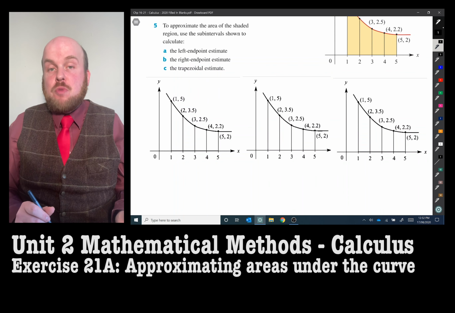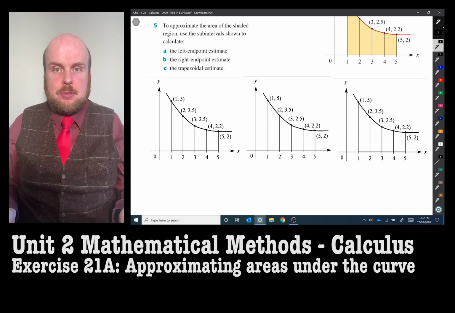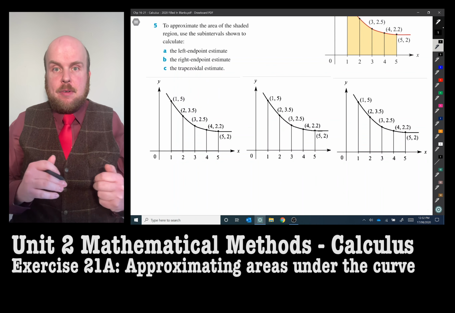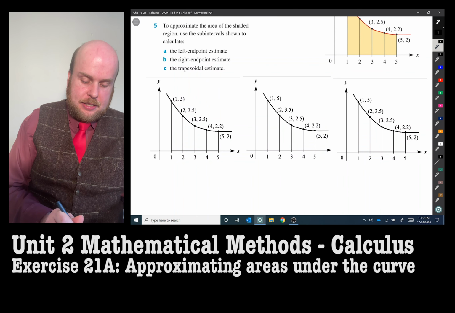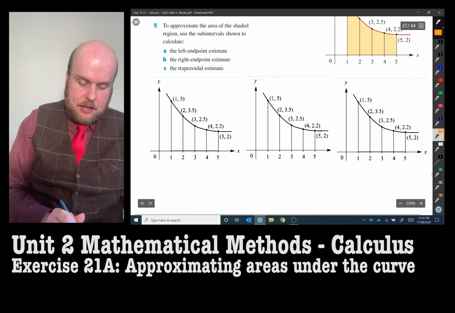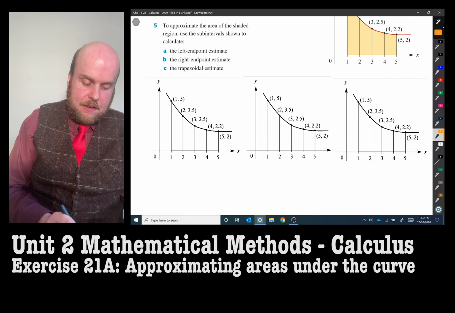Well, the left and right endpoint is a strategy where we use rectangles to approximate the area under the curve. The leftmost indicates that I start from the left of the value. So in this case, we're starting from 1 and we're ending at 5. So start from the leftmost value and I go like this. So similarly here as well.